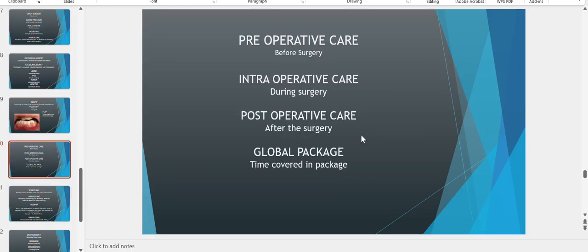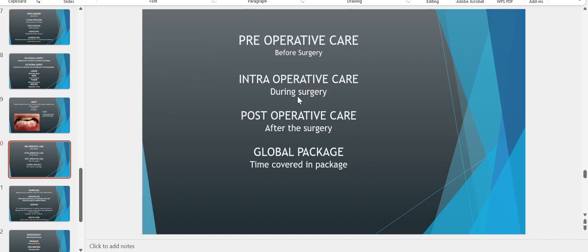Next slide. That is on surgical packages. What is pre-operative care? Before the surgery, what the physician prepares is known as pre-operative care. Pre means before, operative means surgery. What the physician performs before surgery is pre-operative care.